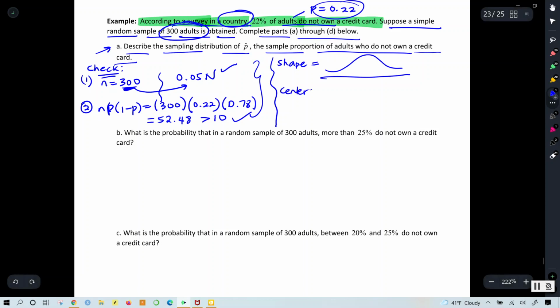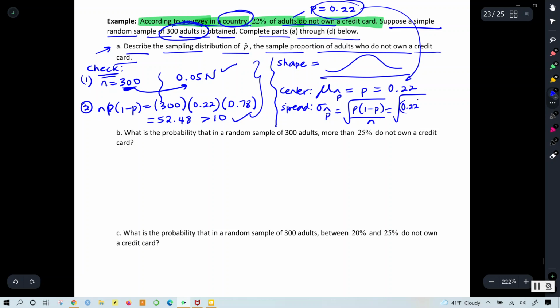For the center, you have the mean of P hat, which is exactly equal to P, and that is 0.22. And then for the spread, we use the standard deviation, which is the square root of P times 1 minus P all over N, where P is 0.22, 1 minus 0.22 is 0.78, divided by N, which is 300, the sample size.